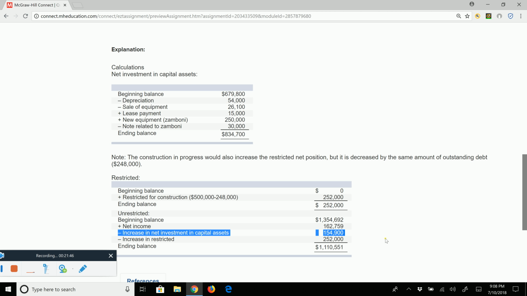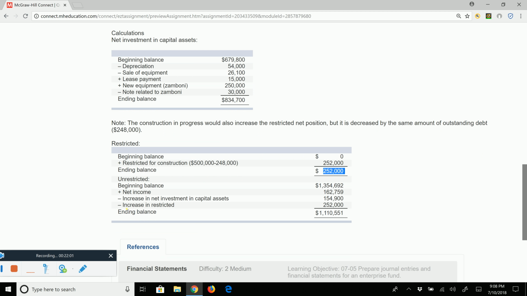The unrestricted is the offset when we record the journal entry. And your restricted started the year with 0 and it ended the year with 252. So the restricted increased 252, and therefore the unrestricted is going to decrease. So we say minus the increase in the restricted of 252.